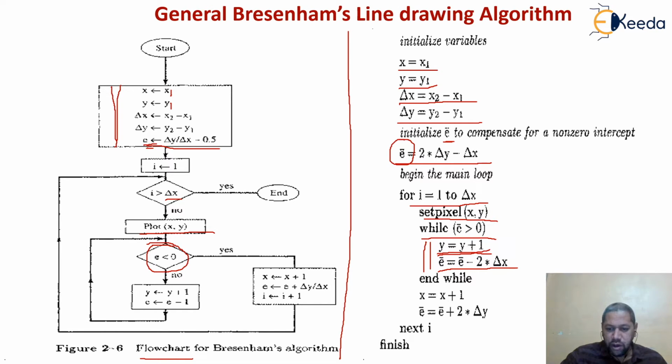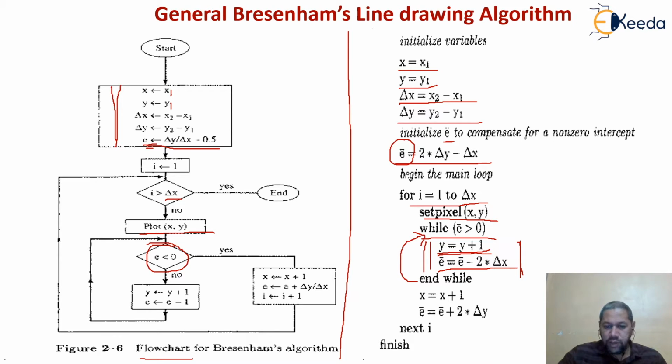The same thing is done with the help of these two instructions. This process is continued in the while loop until the error term is no longer greater than 0. So we are taking the sign of that error term. If it is greater than 0, meaning positive, y is incremented. If it is negative, y is not incremented. After setting the pixel, this while loop is used for deciding whether to increment y or not.